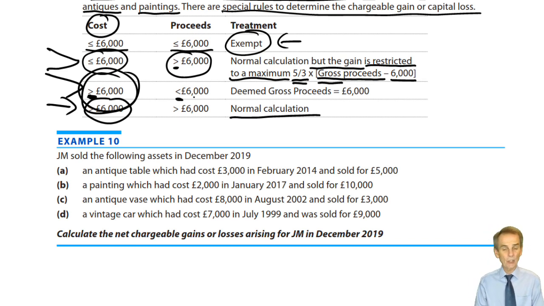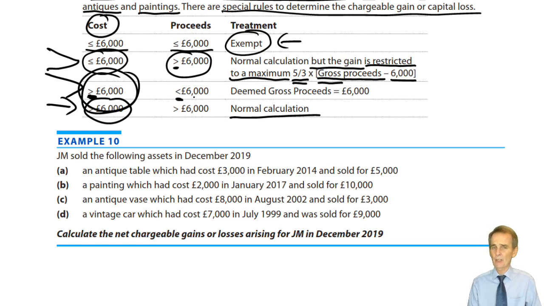So on that basis, there's going to be a loss. So what happened when these figures were reversed? We restricted what the gain would be. We computed a maximum gain. We limited the amount of gain that would be chargeable.